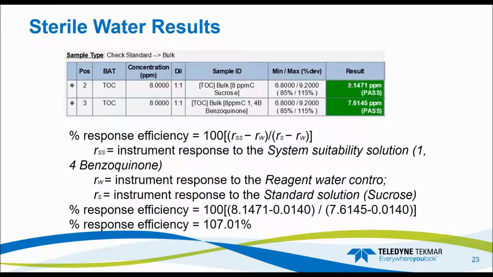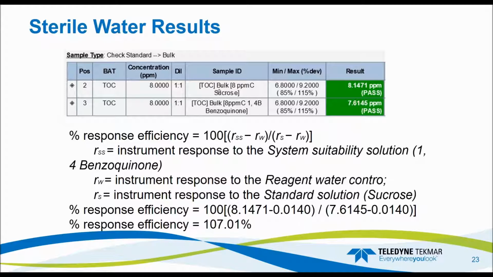It's this response minus the reagent water, which was 14 ppb, and then this response minus the reagent water, and they're ratioed against each other, times 100 to give you a percentage, and it was 107.01, which is well within that 85 to 115%.